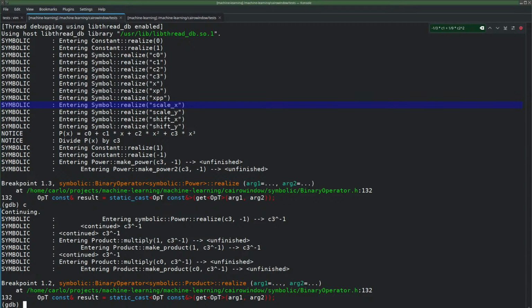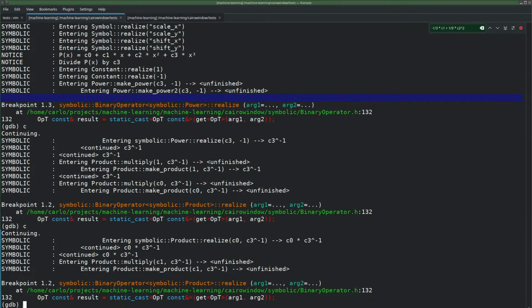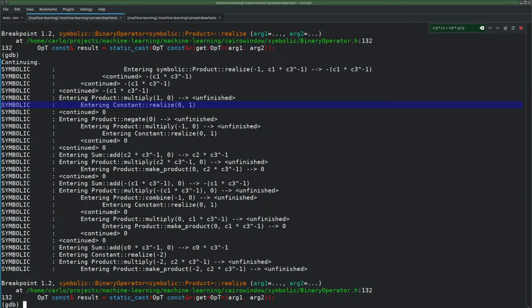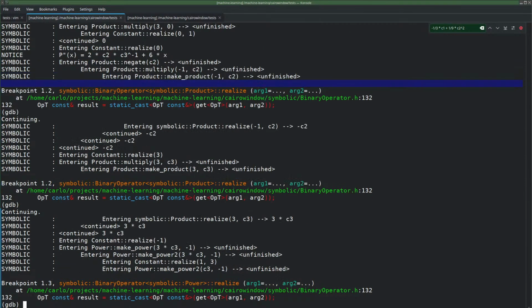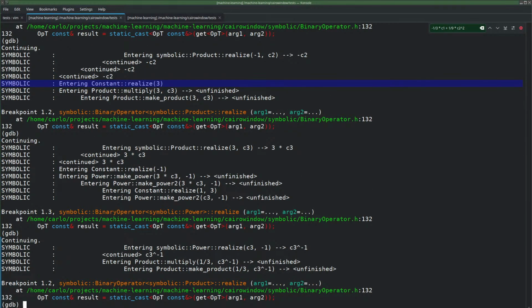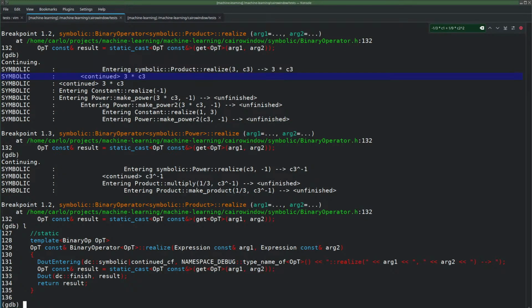Continue, a lot of continues. I should just have printed. Oh, it types in the name of object. Yeah, it's okay.